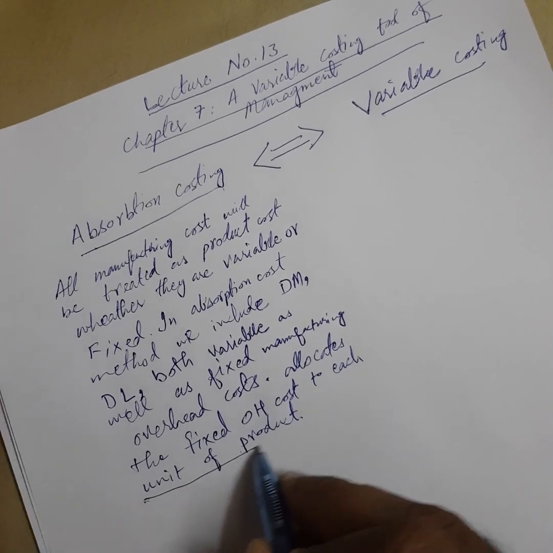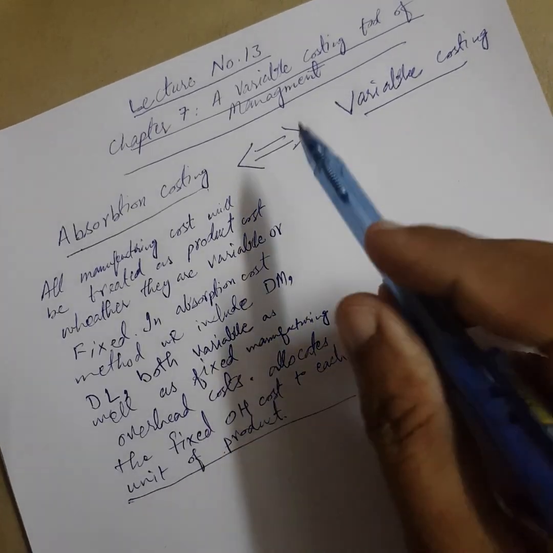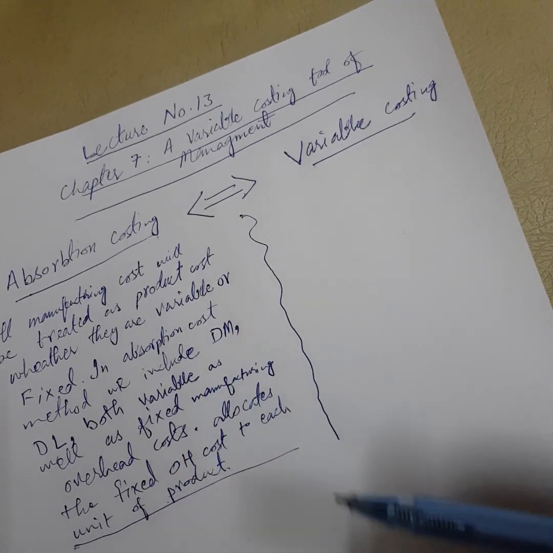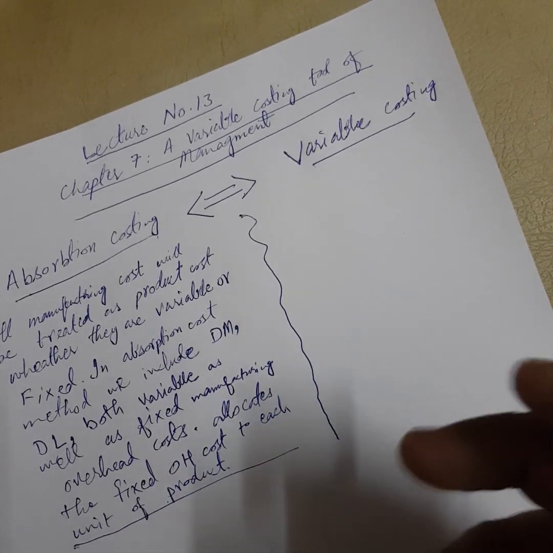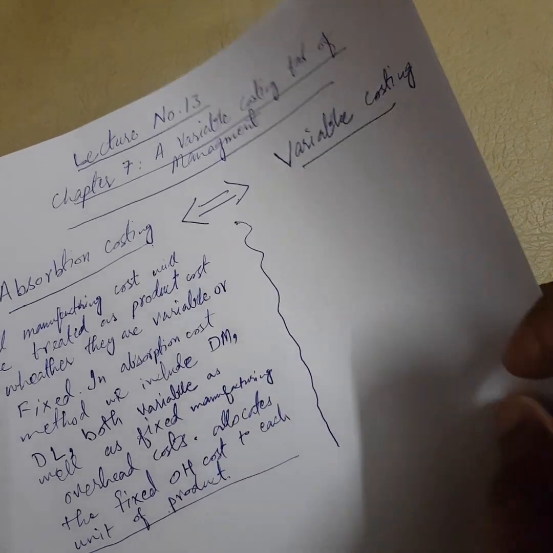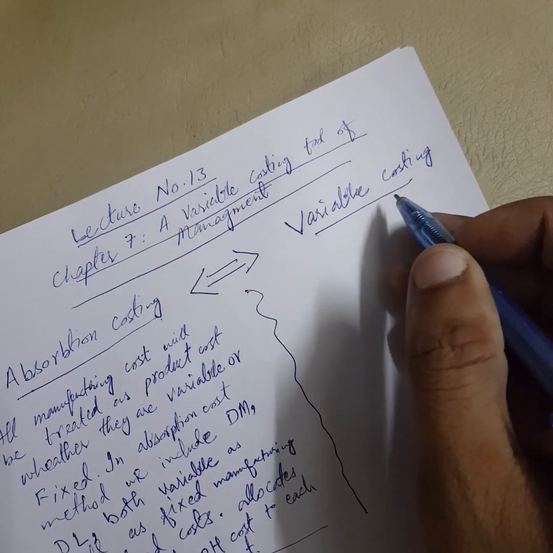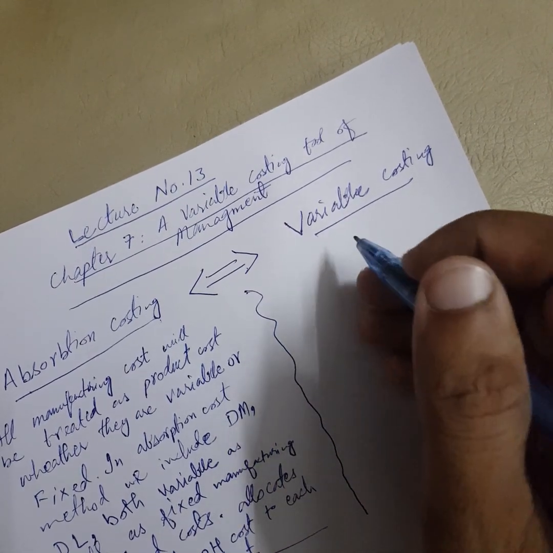We will illustrate it in numerical form further. But before doing the numerical calculation, you also need to know what is in variable costing, what type of methods will be used.